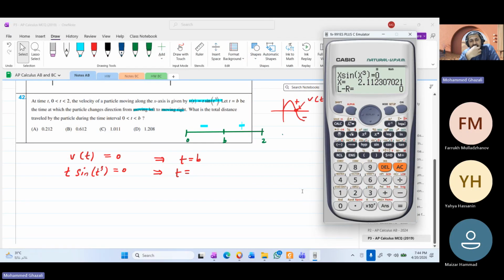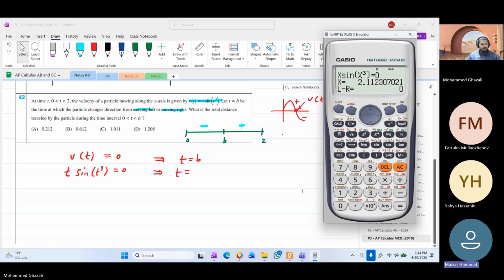What is the total distance traveled by the particle during the time interval 0 to b? How are we going to solve this? Miss, are you getting different answers on your calculator?